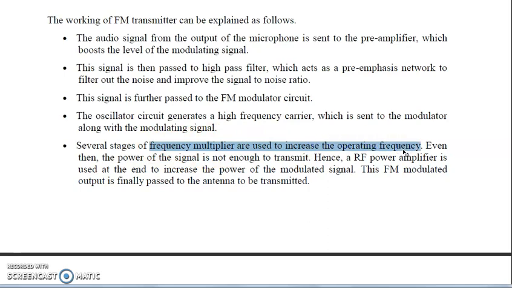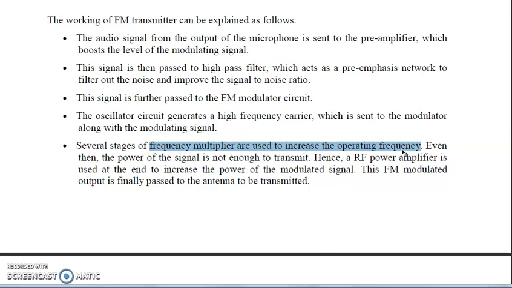Frequency multiplier means the output will have a frequency which is n times the input frequency. It may be a frequency doubler or a frequency tripler, meaning the input frequency fed to the frequency multiplier may be doubled or 3 times or 4 times, like that.